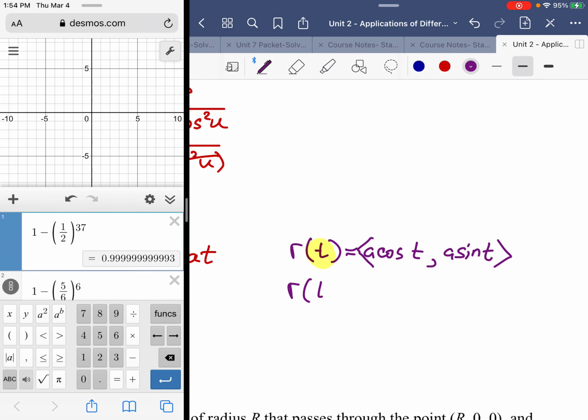So r of t of s, the composite function, simplifies down to just r of s, can be thought of as a cosine. Now the t of s is replacing the t. Nothing really new there.